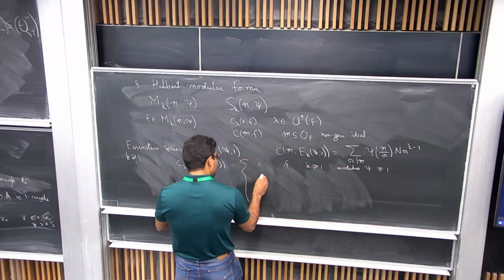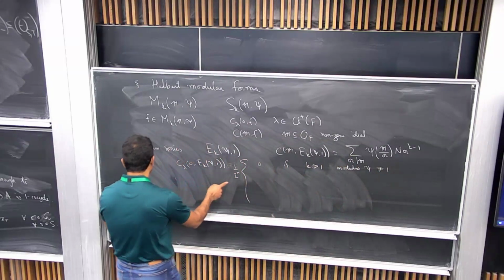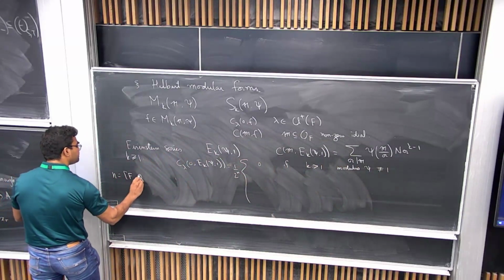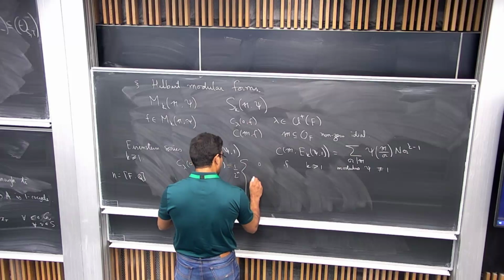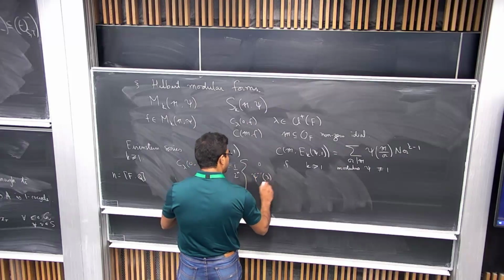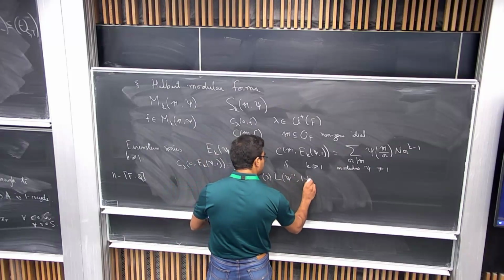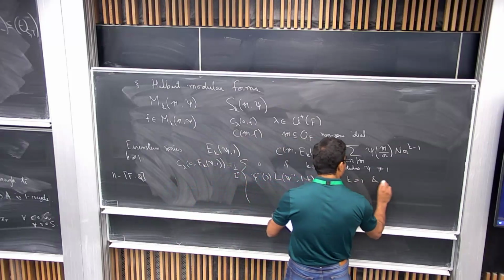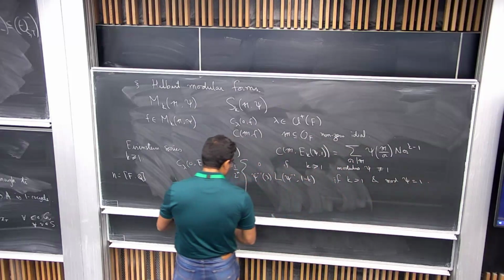Psi need not be primitive, so consider it with some modulus. Everything is scaled by 1 over 2^n, remember n is the degree of F over Q. And it's psi inverse of lambda times L(psi inverse, 1 minus k) if k is bigger than 1 and the modulus of psi is 1.